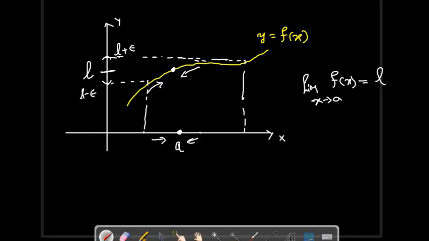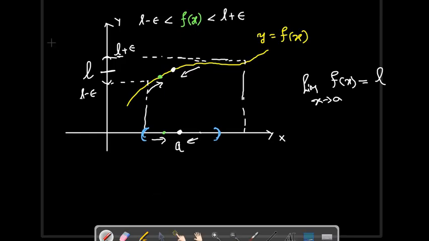Here the neighborhood is taken with a smaller distance. If I take a point here, its image is here, which comes between this band, so f of x comes between L plus epsilon and L minus epsilon.